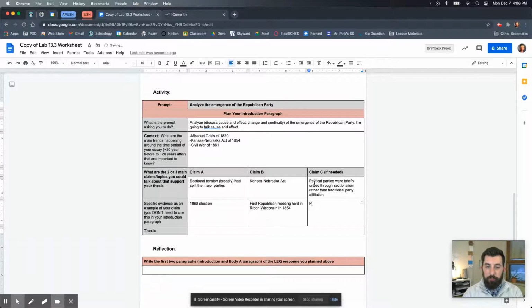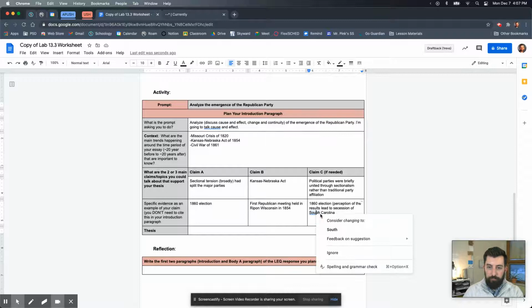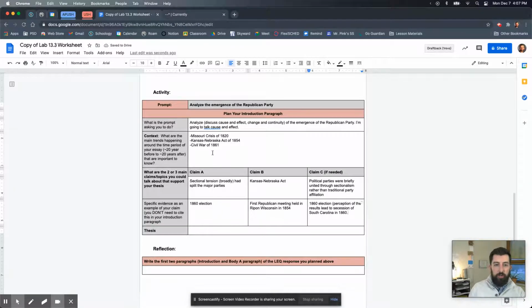Again, we can maybe do the 1860 election, but here we can cite how the perception of the results led to the secession of South Carolina. Should probably spell South correctly. South Carolina in 1860. Bam. Okay. So yeah, so we've got our context, we've got our claim and the piece of evidence to support each claim.